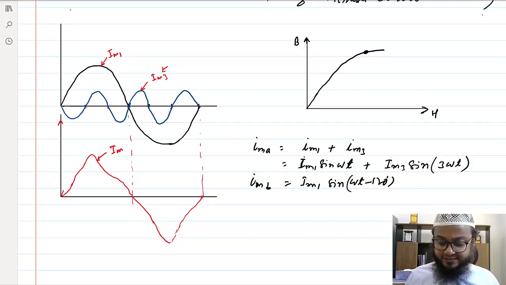Since I said all the phases are balanced, but in a single core transformer these currents would actually be slightly different in magnitude, but at load condition that doesn't matter.